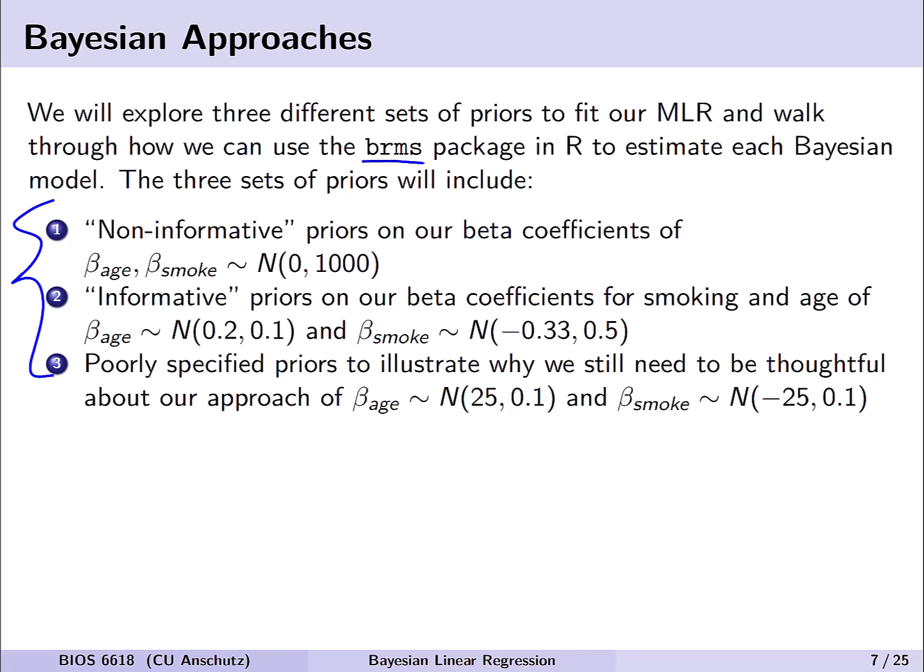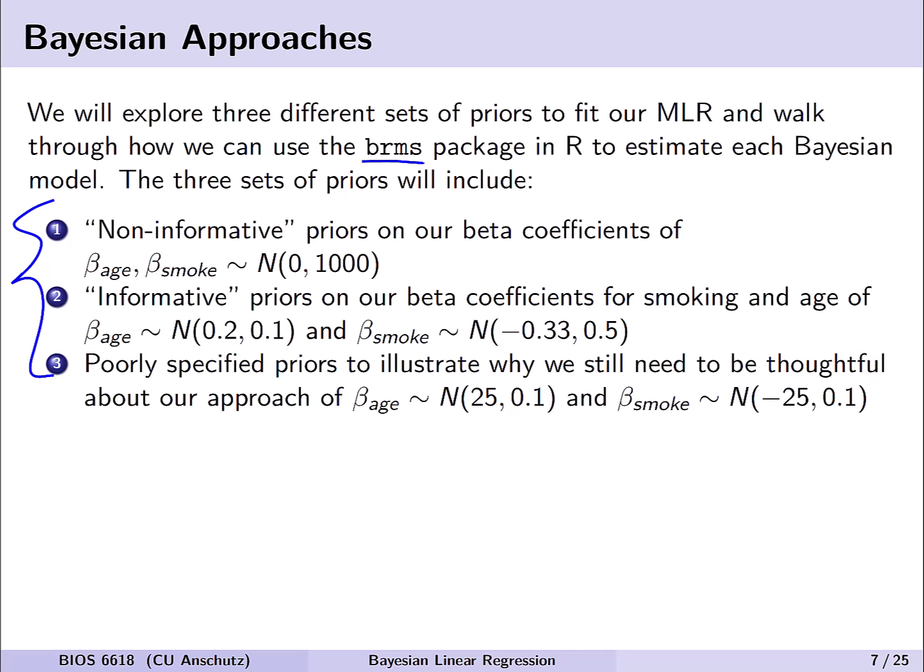We'll then assume in the second case that maybe we have an informative prior from some prior study or information. So for example, maybe we have some prior belief that the beta coefficient for age should be normally distributed with a mean of 0.2 and a standard deviation of 0.1. And likewise for smoking status, we might think that smokers have an FEV that's lower on average by negative 0.33, or a third, with a 0.5 standard deviation.